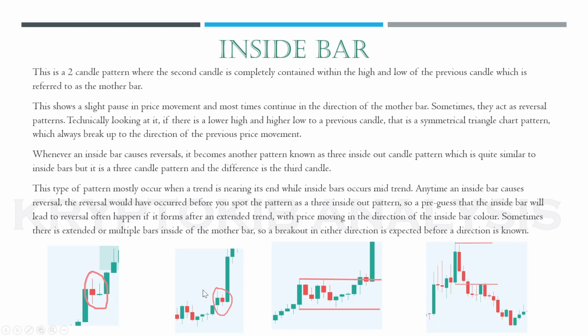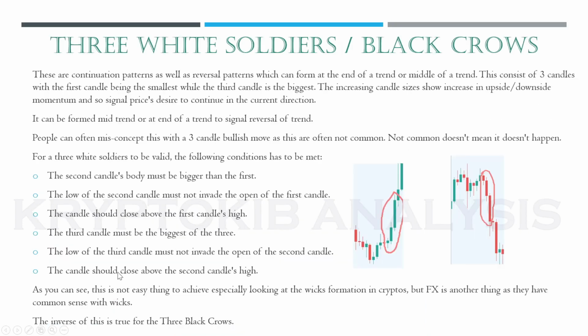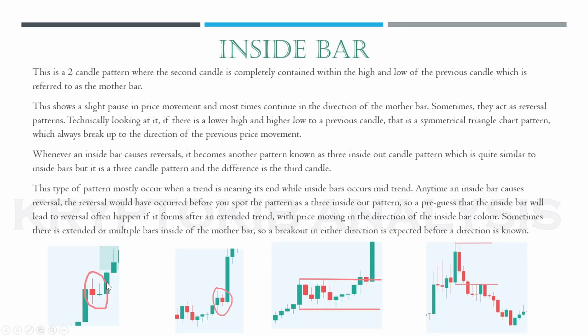Looking at these diagrams, these are inside bars where we have a bullish move, then we have a pause, and we have a candle contained within these highs and these lows. Where we have this candle, the high and low of this particular candle is totally contained within the high and the low of this particular candle.